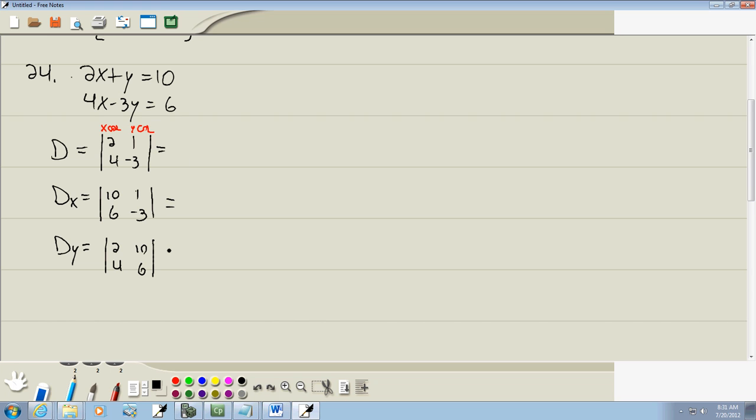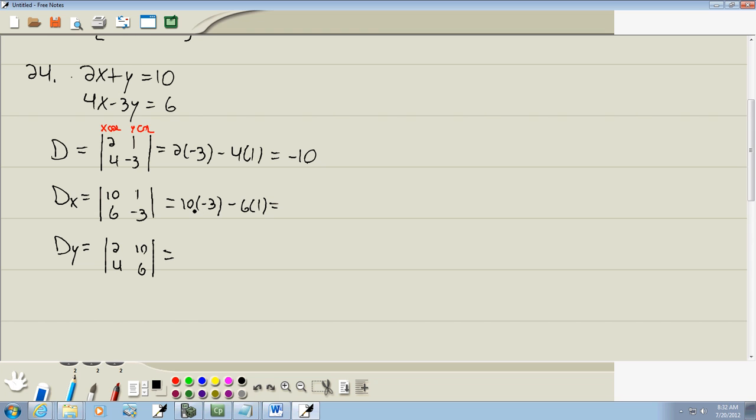Let's go ahead and find these determinants. 2 by 2, you cross multiply. 2 times negative 3 minus 4 times 1. That gives us negative 6 minus 4, which gives us negative 10. This one, 10 times negative 3 minus 6 times 1.